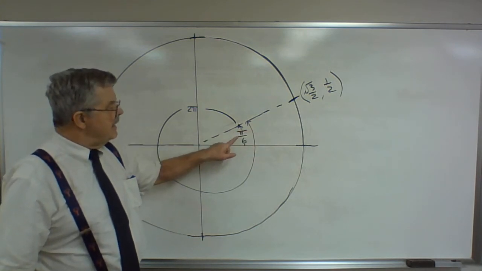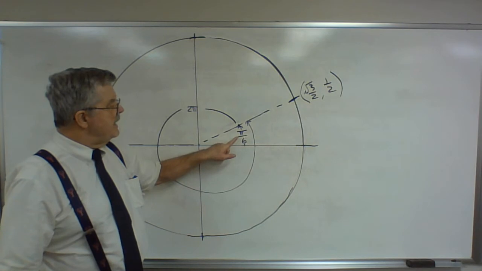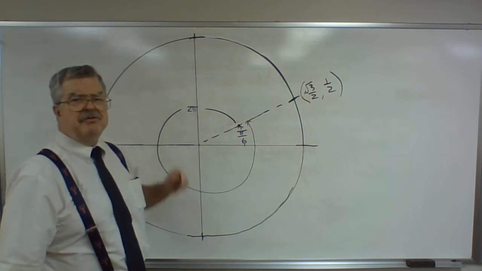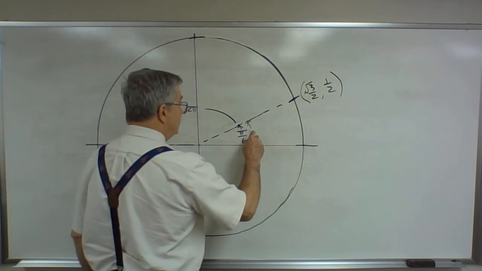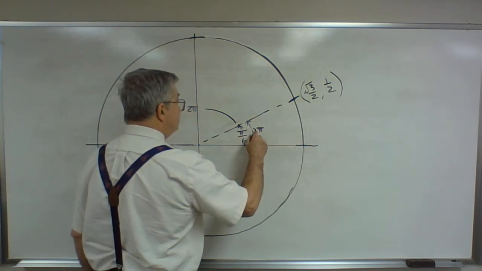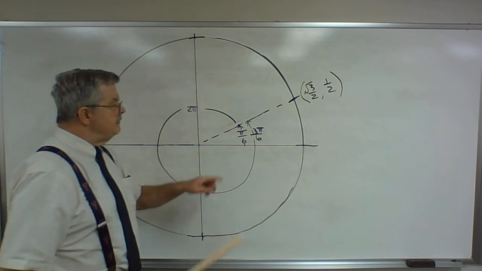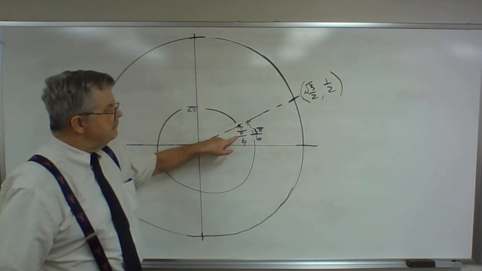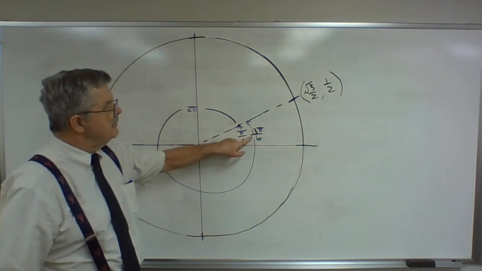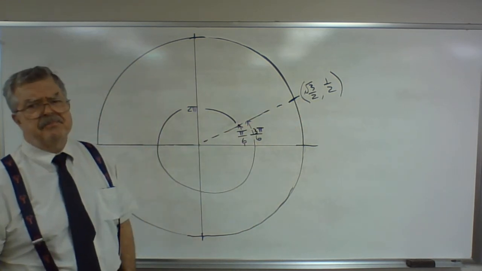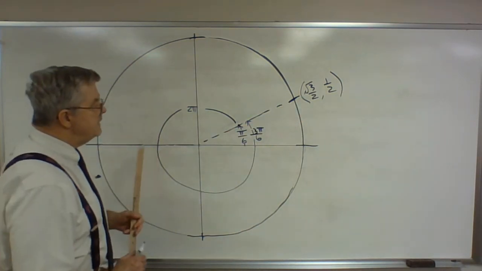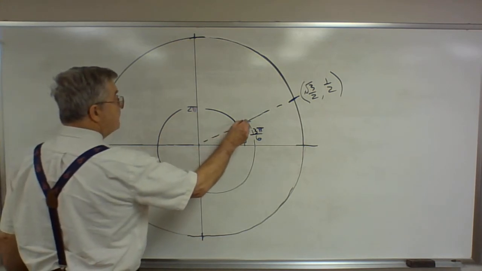Doesn't the angle pi over 6 and the angle pi over 6 plus 2 pi, let's see, what is that? 13 pi over 6? Don't these two angles, pi over 6 and 13 pi over 6, represent the same point on the unit circle?